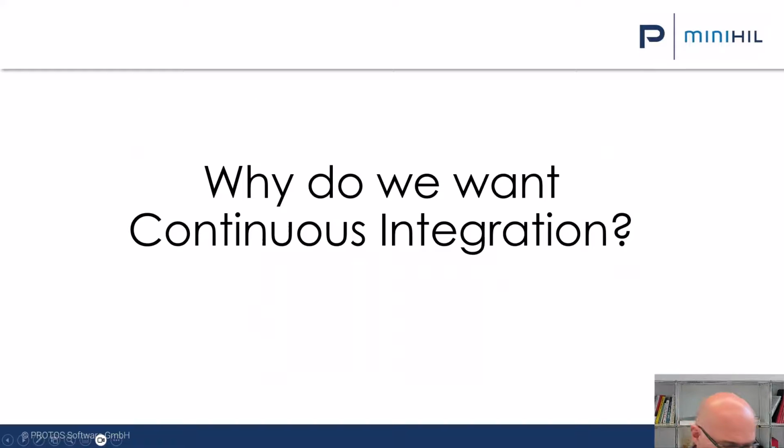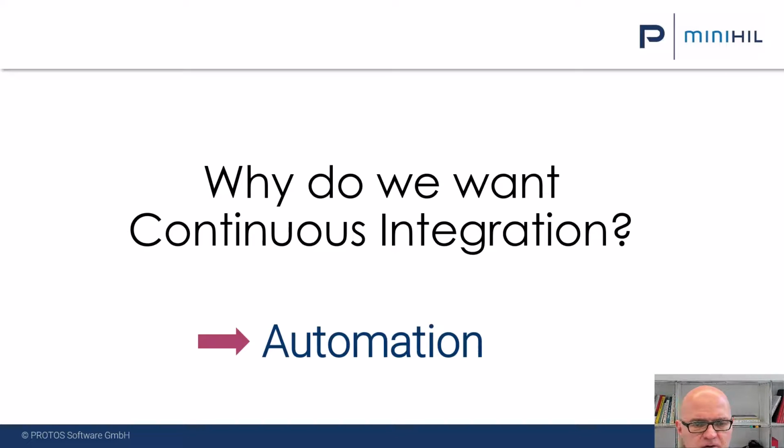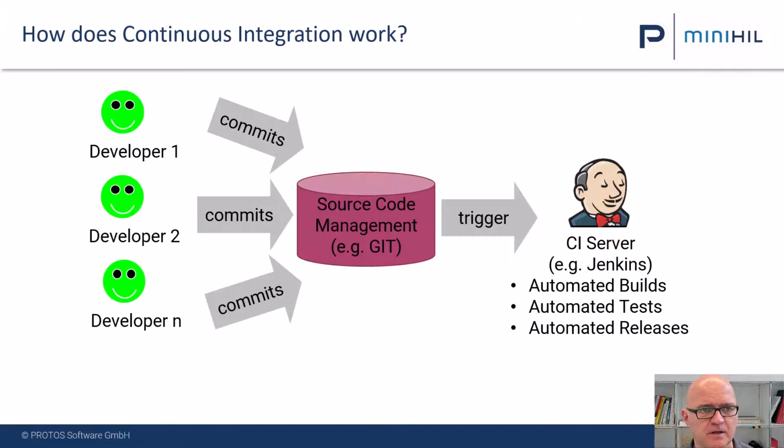So now, why do we want automation and continuous integration to support this? We want this for automation because automation makes sure that every change is tested, and automation saves time. It gives you speed, a lot of speed actually. So how does continuous integration work?